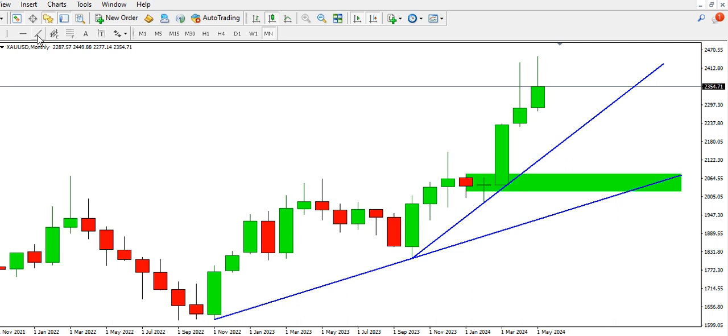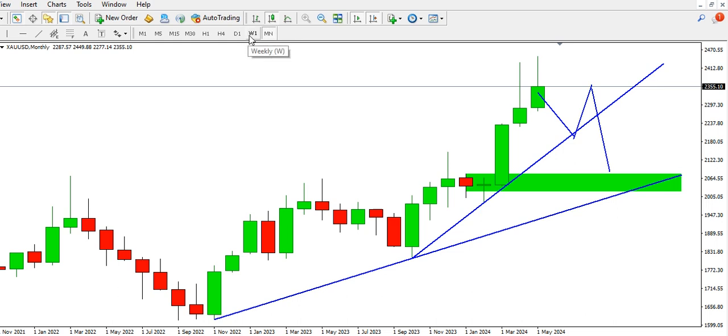So if price is going to drop, we might see price dropping to the trend line, testing the trend line, bouncing a bit, before forming a double top or triple top, and then possibly dropping. Okay, so we might see something like this before price might get to that particular order block.